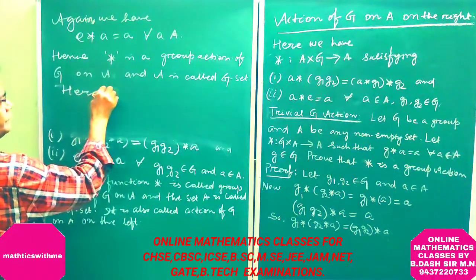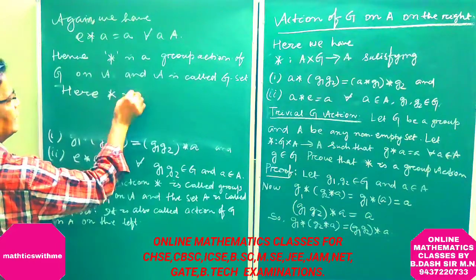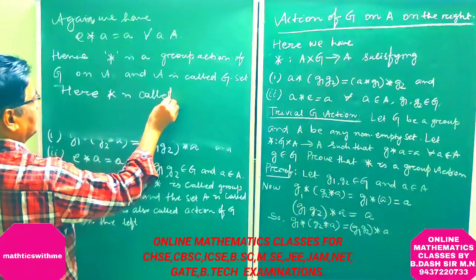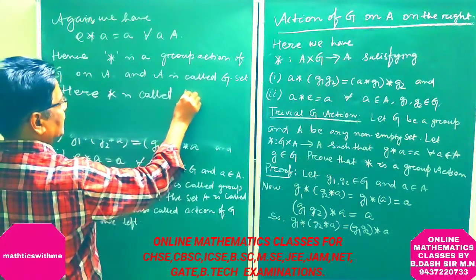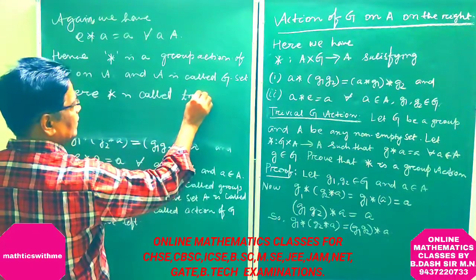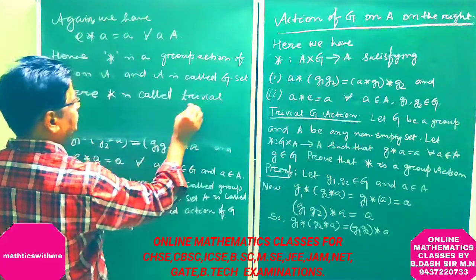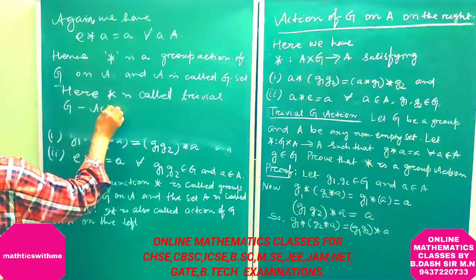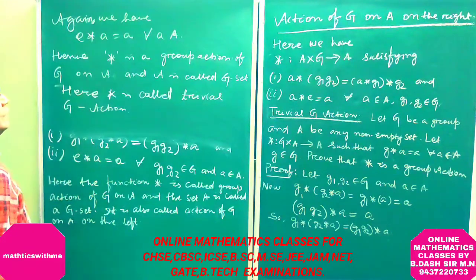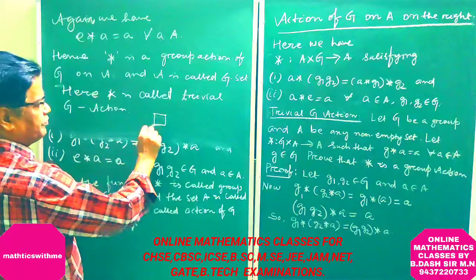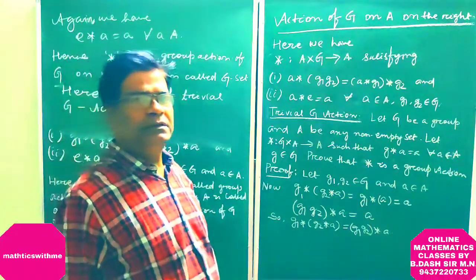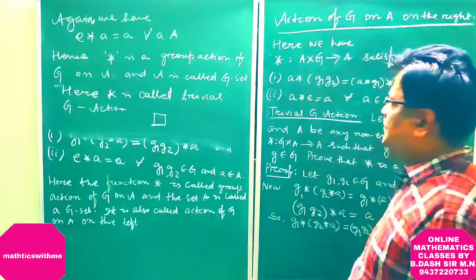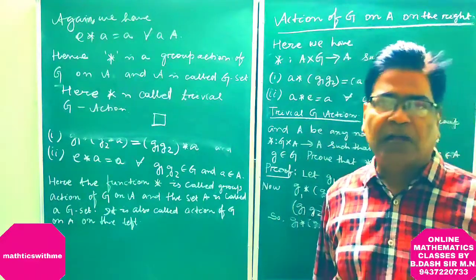Here, star is called the trivial G action. So our first problem on G action is solved.